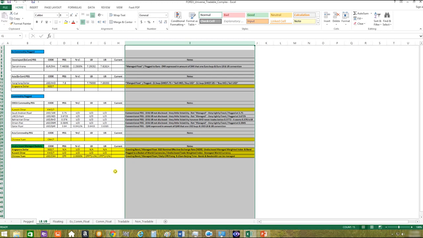So overall, what we're going to do is basically make the statement that in fixed and pegged regimes, day to day, week to week, month to month, or over any decent time horizon, the value of the peg or the value of the exchange rate is not going to change materially.